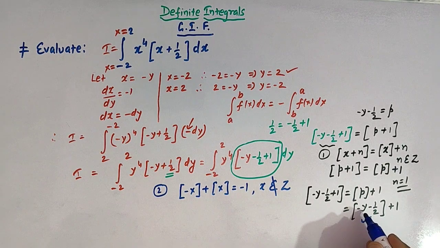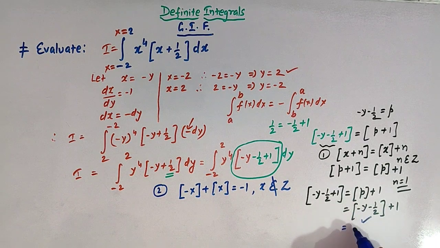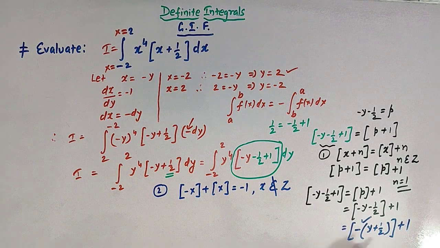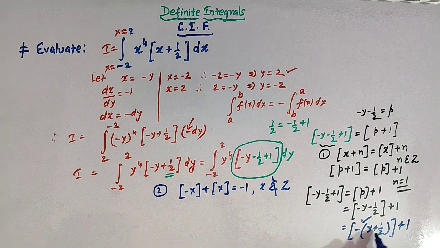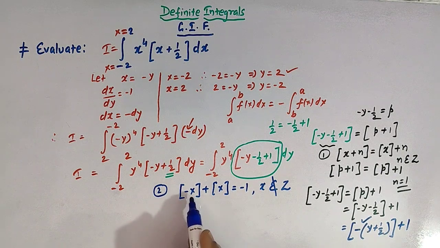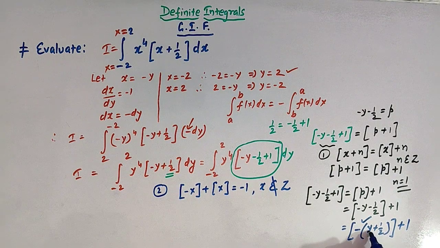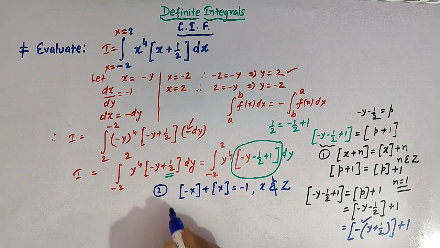So here we can write this term as the greatest integer of negative of y plus half, and here we have plus 1. So now if we replace x by y plus half, then what will we get?